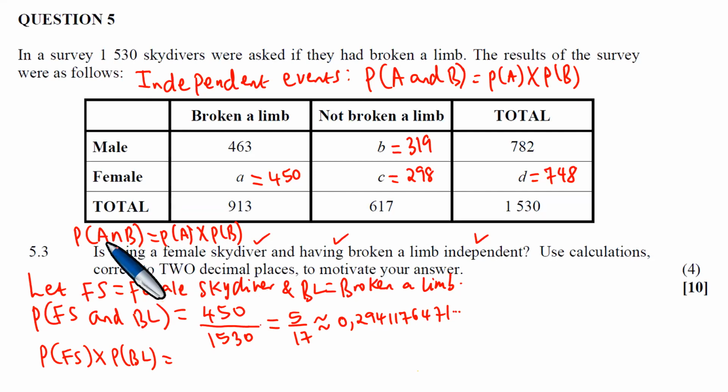The probability of A and B. So you can use the intersection symbol, and the intersection symbol is the same as the and symbol, a conjunction in English. Right, so what is all this here? The probability of a female skydiver. What is the probability of picking a female skydiver? The probability of actually picking a female skydiver is what? Right, the probability of picking a female skydiver, either broken a limb or not broken a limb, is 748.